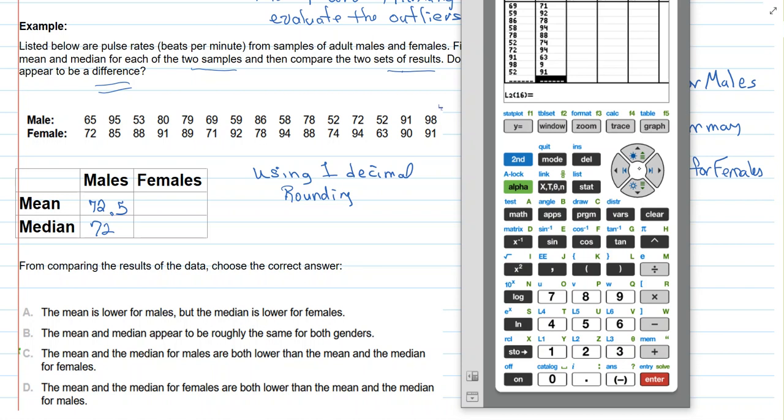Oh, the 9 on that one was 90. All right, now I match. Oops, so I'm good. So now I want to calculate.